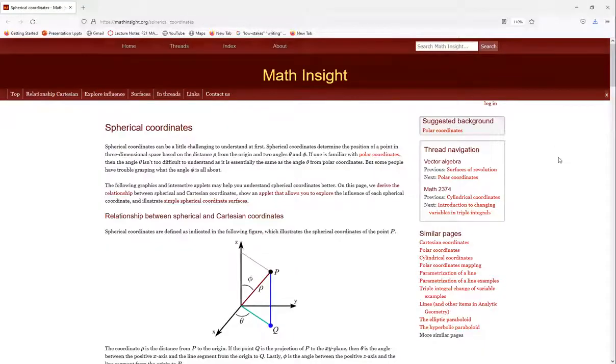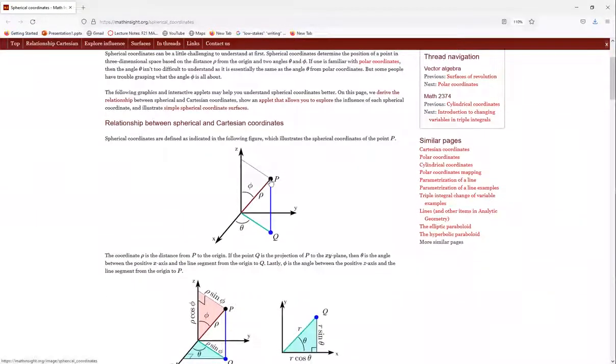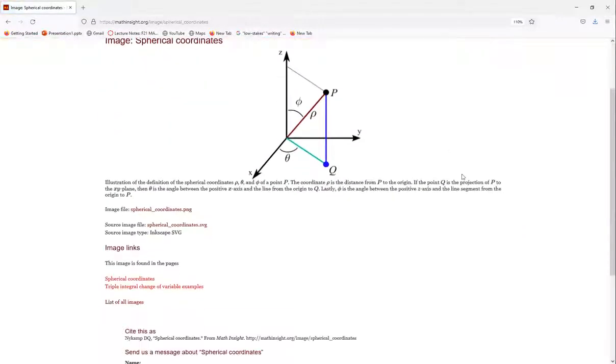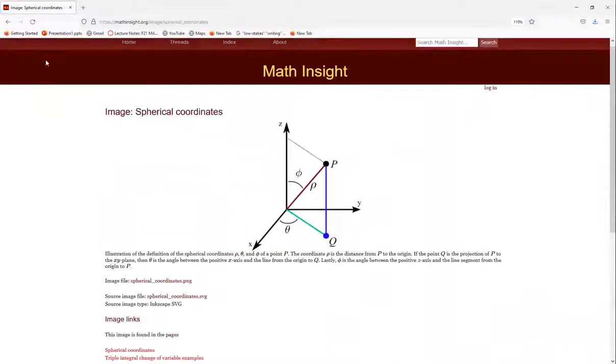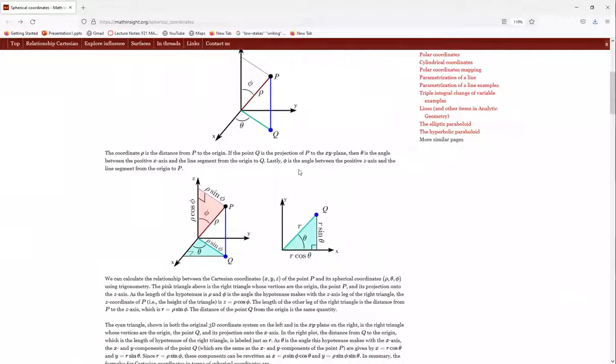In this new system, the spherical coordinate system, you have the object. This is the point in space, and this is moving along a sphere. Last time we had a cylinder, now we have a sphere in space.